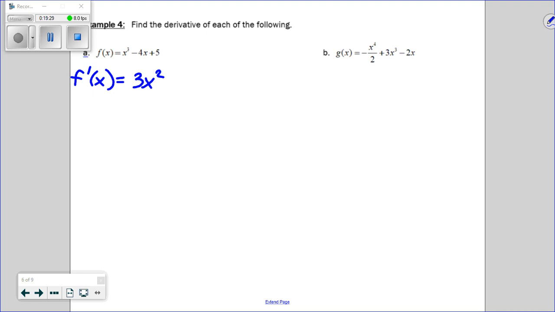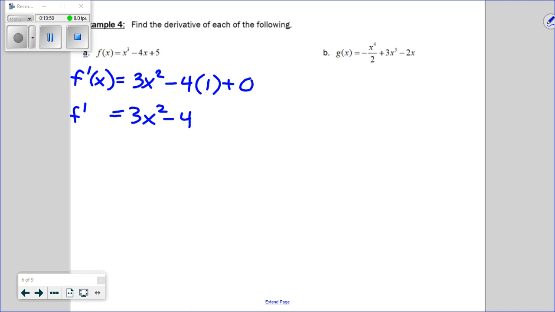Okay, the derivative of negative 4x would just equal negative 4, which is a constant multiple, times the derivative of x, which is 1, and then plus the derivative of 5, which is a constant, is 0. Okay, so essentially you just end up getting 3x squared minus 4.